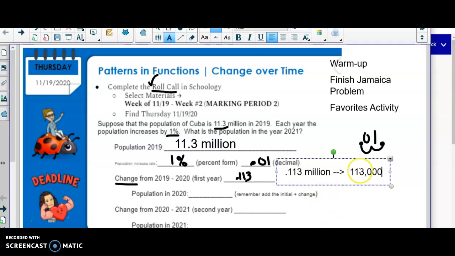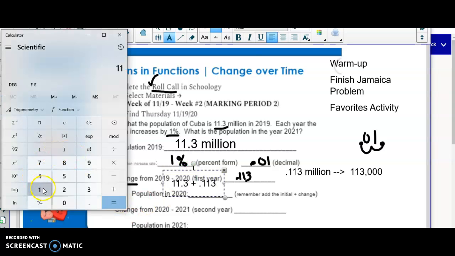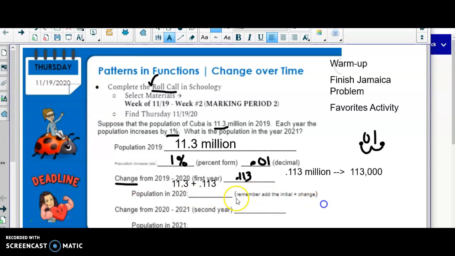You're going to add that to our starting population: 11.3 plus 0.113 is 11.413. Let's type that in.